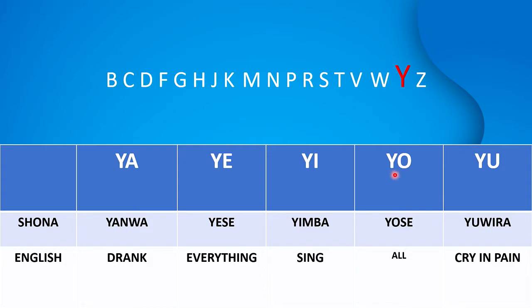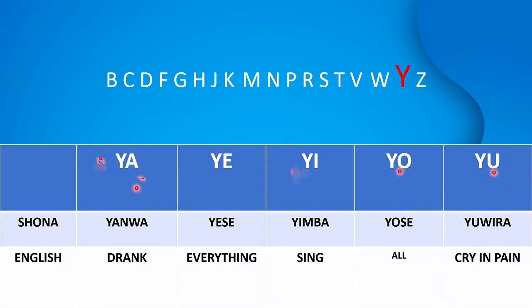With O, it's Yo. With U, it's Yu. So we have Ya, Ye, Yi, Yo, Yu.